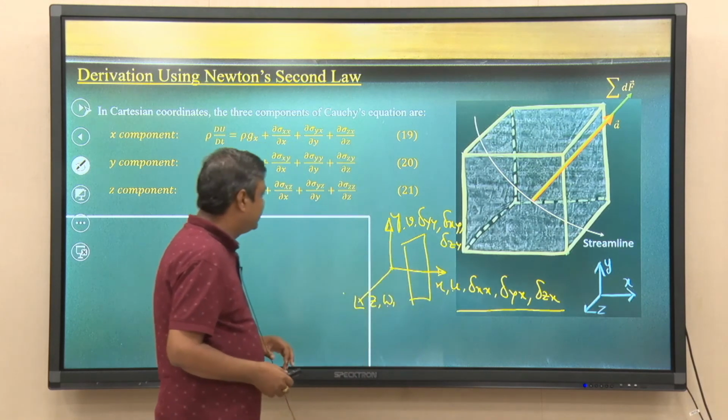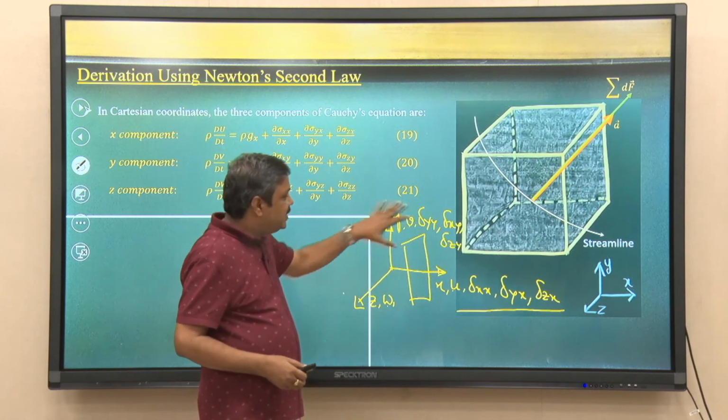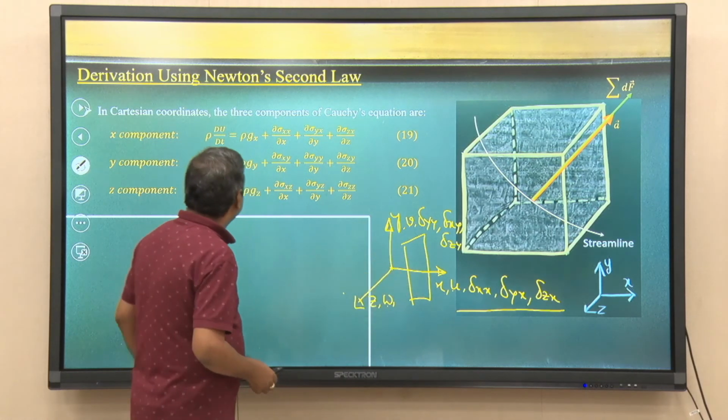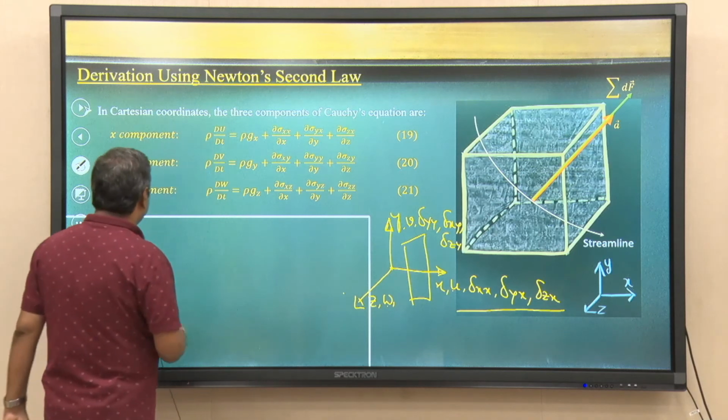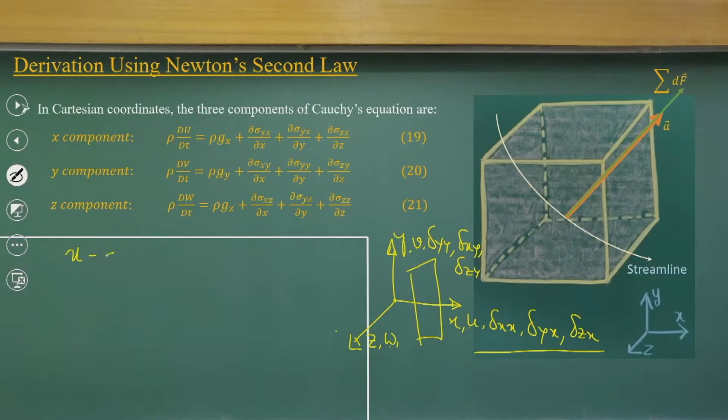Now, if I write these same Cauchy's equations in the x direction, it is easy as I know it. My component will be du by dt, this is the total derivative. I can put a capital D also, but okay. Then rho g x, the g component, we can put as g x.